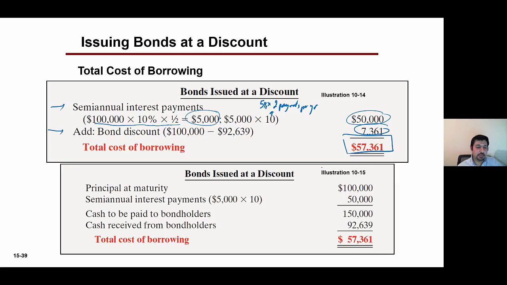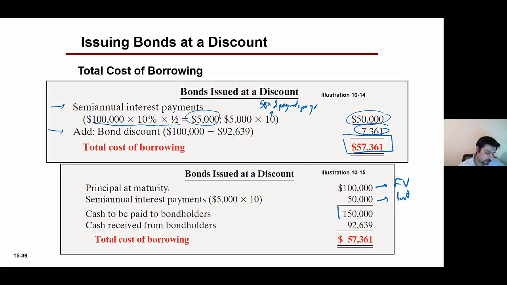Another way of thinking about it is by looking at how much the company will have to pay on maturity and how much cash the company actually got. The difference between the two will be the cost of borrowing. So on the maturity date, the principal at maturity will be the face value. This is the interest amount, calculated in the same way.